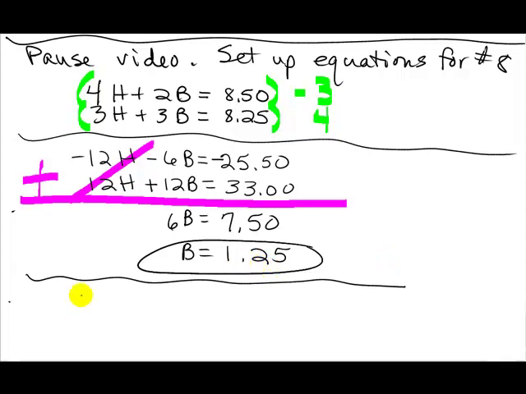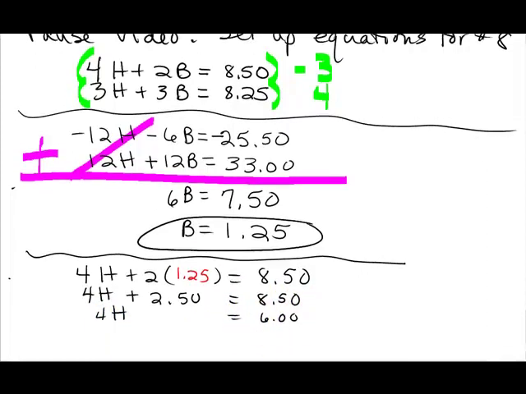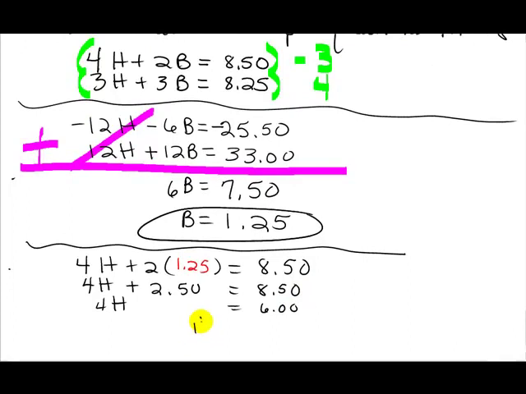I'm going to go back to 4H plus 2 times B equals the 850. And the hot dogs are $1.50 again.